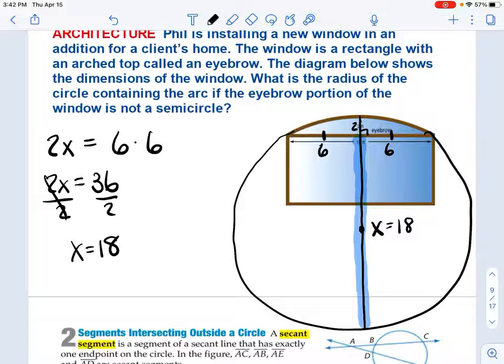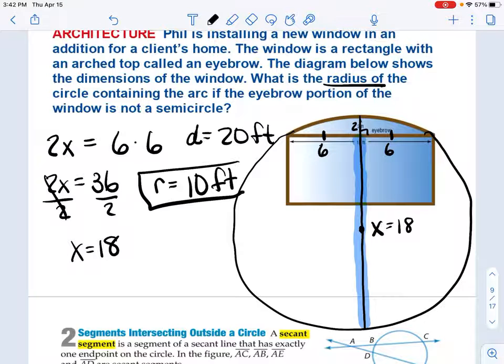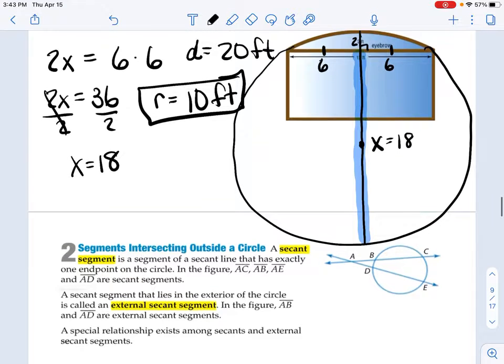The thing is that is not the whole diameter. We need to add 2 to that to get the diameter of 20 feet. And the question is the radius. So the radius is just half of that, or 10 feet. All right? So hopefully that one was a little easier. Just have to visualize the rest of the circle.